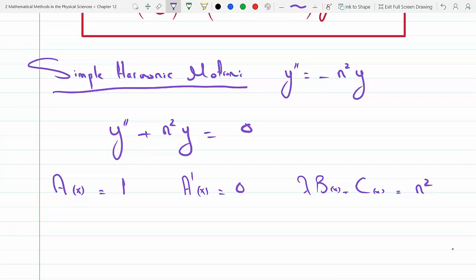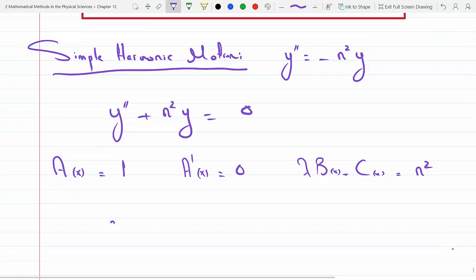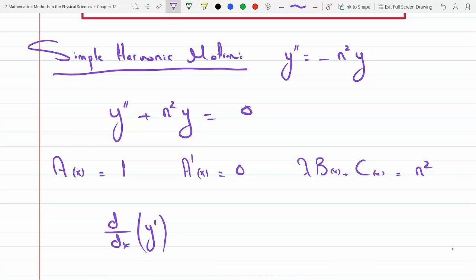So the Sturm Liouville form of the simple harmonic equation I could simply write as d over dx of y prime, because that is just y double prime, plus n squared y equals 0.